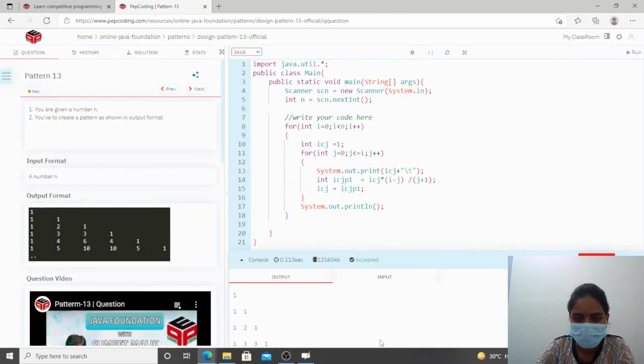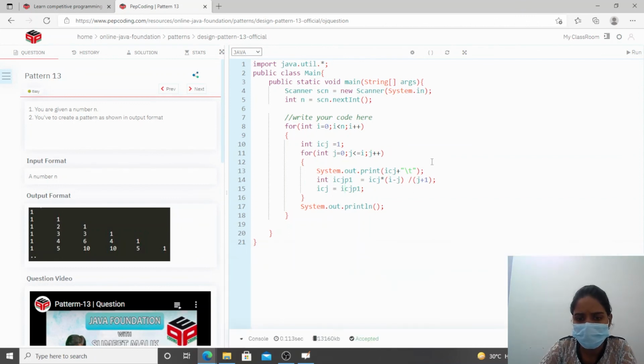So now our code is accepted. Eventually that was also accepted, but you have to write in this parenthesis. This value should be in the parenthesis because it is multiplied, then divided by J plus 1. So now let's try to submit it.